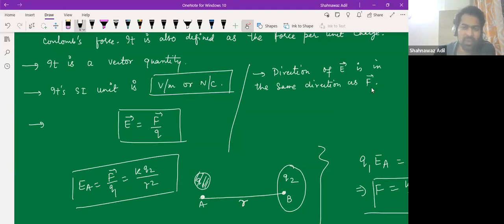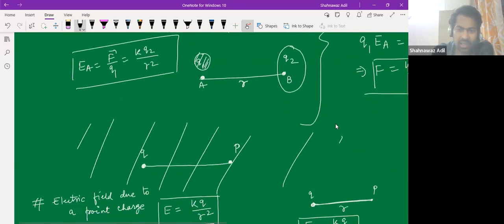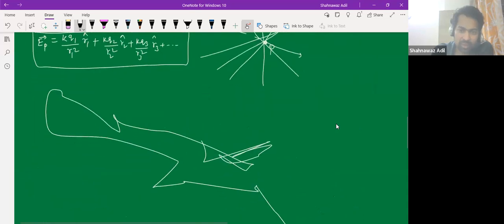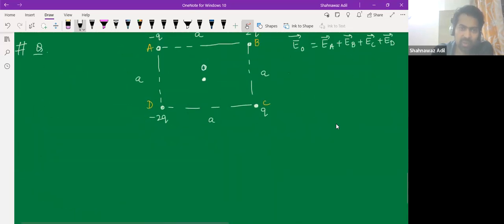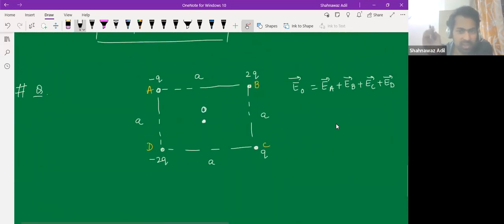So this is one way to identify the direction of the electric field. When we do electric field lines, that would also be clear, and we will be able to easily understand the direction of the electric field then. This is one way to understand, and the other way we will talk about when we discuss electric field lines.